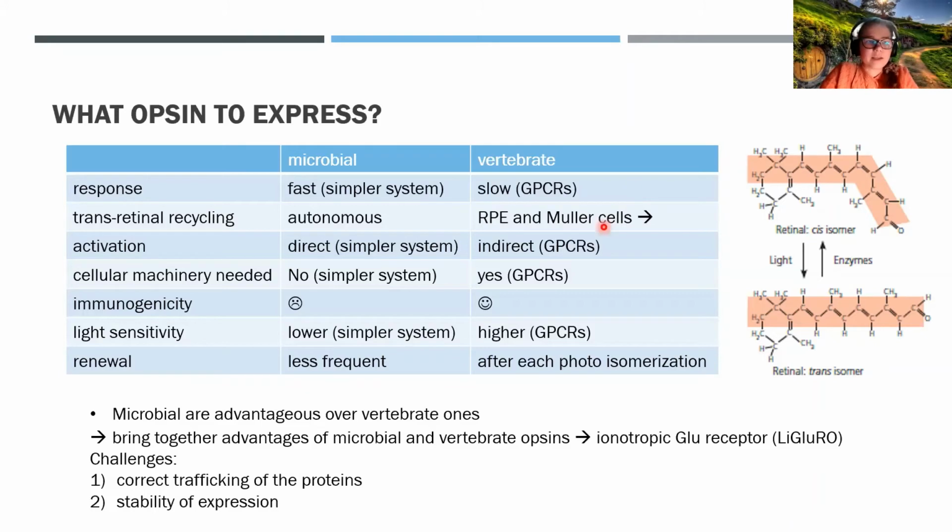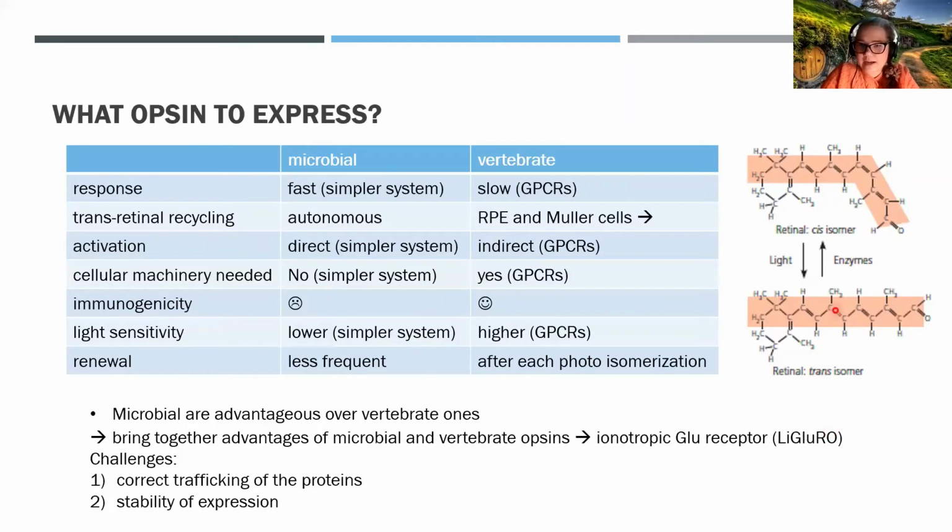The interesting thing is about transretinal recycling. As I mentioned, that retinal epithelium layer is very important because it contains enzymes that convert that very stable trans isomer into cis isomer, and then light can shine on this isomer and make trans isomer.